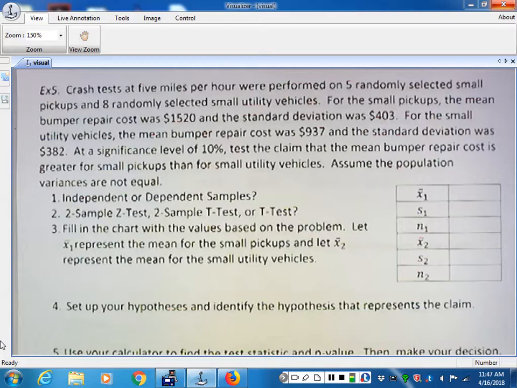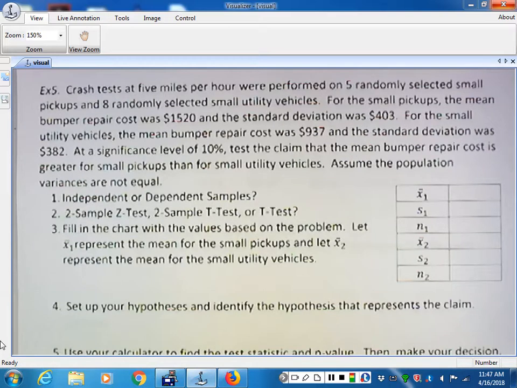So reading through the problem, it says track tests at 5 miles per hour were performed on 5 randomly selected small pickups and 8 randomly selected small utility vehicles. For the small pickups, the mean bumper repair cost was $1,520 and the standard deviation was $403.